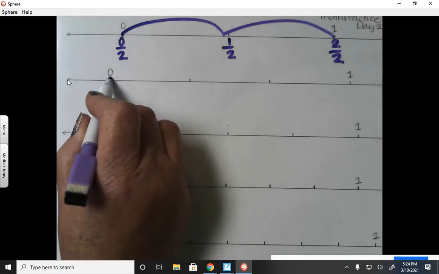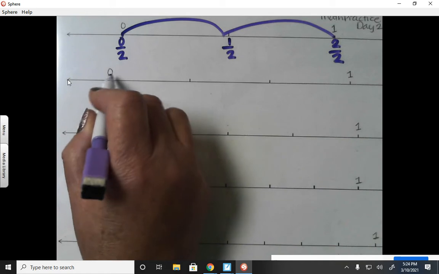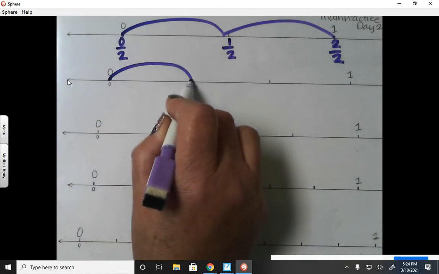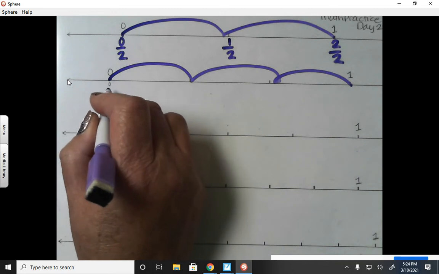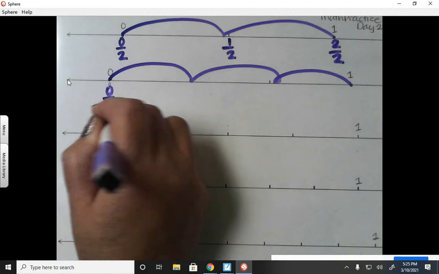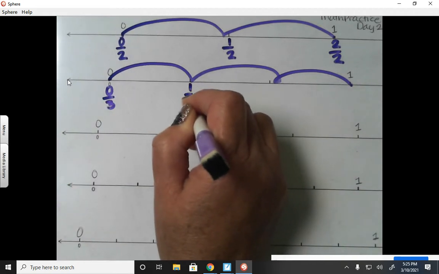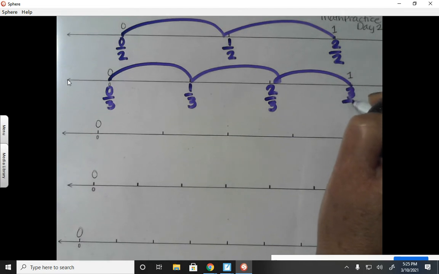Put your pencil on 0, and we're going to jump to each tick mark and stop at 1 and see what this one's partitioned into. 1, 2, 3. So this one's been broken up into thirds. We're going to count by thirds. 0 thirds, 1 third, 2 thirds, 3 thirds.